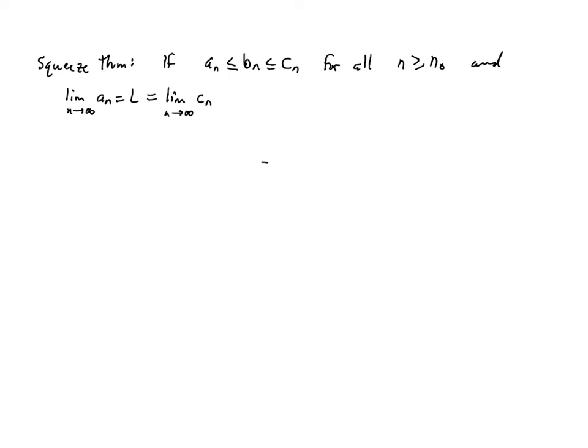And the squeeze theorem says that if a_n is less than or equal to b_n is less than or equal to c_n for all n greater than or equal to some fixed value n naught, and the sequence a_n has a limit L and that is the same as the limit of the right-hand sequence, so I'm asking that this sequence b_n is pinched in between two convergent sequences that have the same limit L, then the conclusion is that sequence b_n is also convergent and has the same limit.